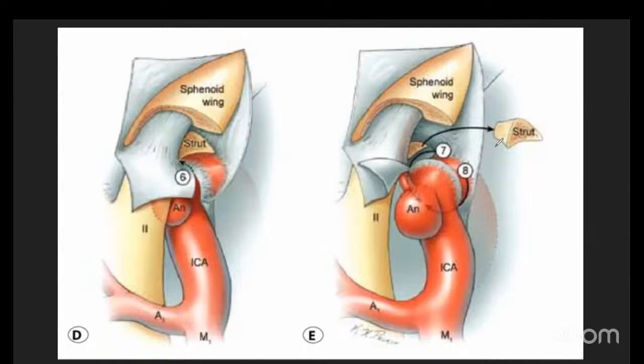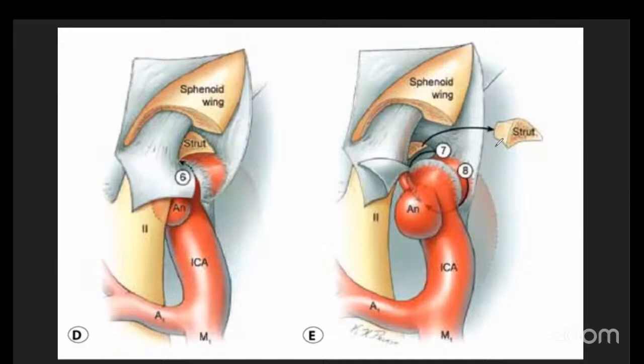Anterior clinoidectomy is not necessarily done in clinoidal meningiomas only. If there is an aneurysm of the clinoidal segment, if you want to reach that region, if you want to decompress the optic nerve, or sometimes even during other procedures, if you want extra space during a middle cranial fossa surgery, ACP can be drilled away.